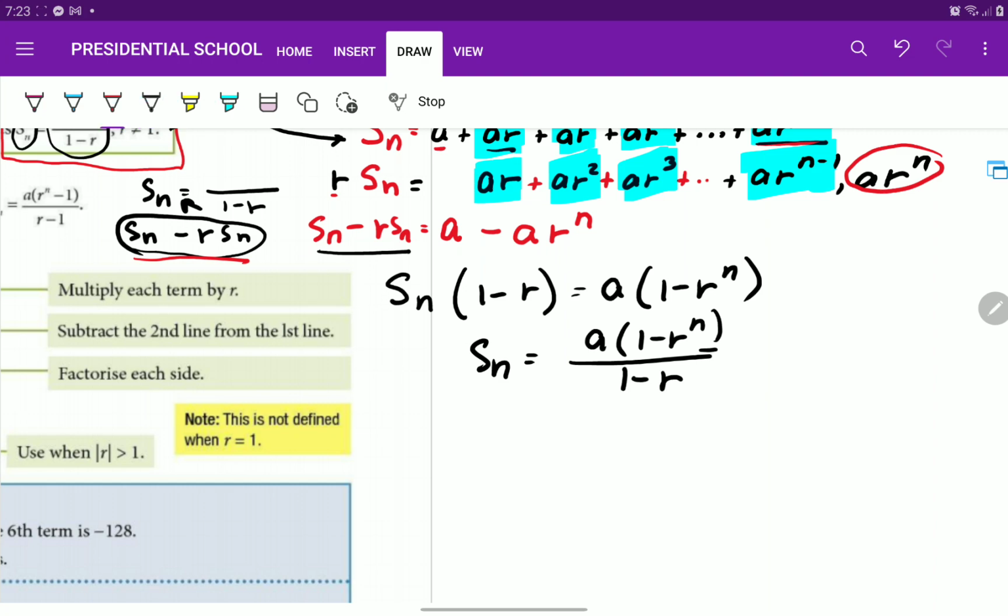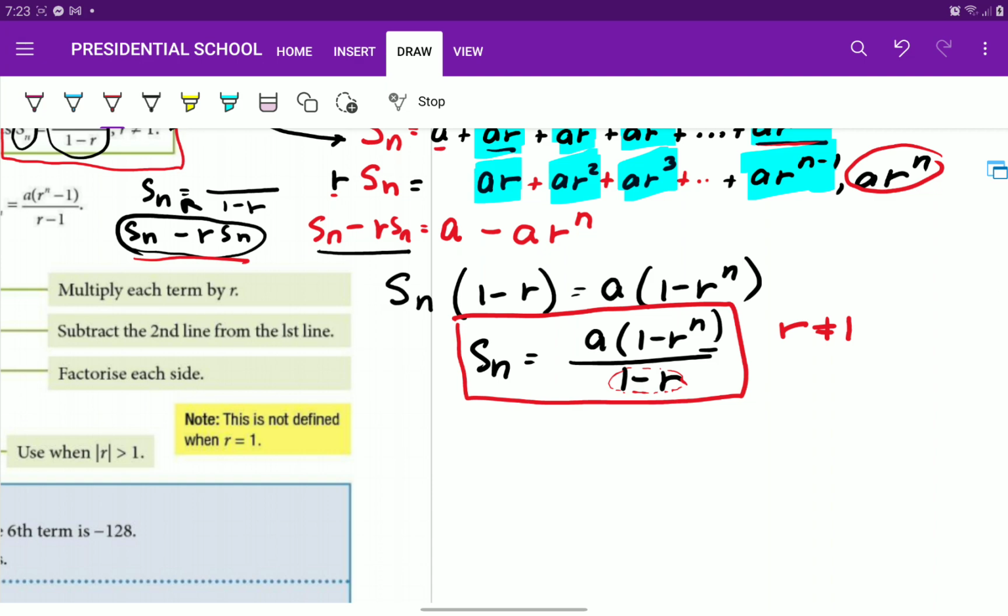All right, so this is the formula for the sum. Please take note that the r here is not equal to 1, because if r is 1, this part here will be 0. Division by 0 is not allowed.